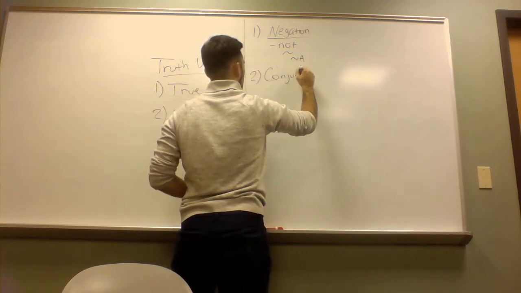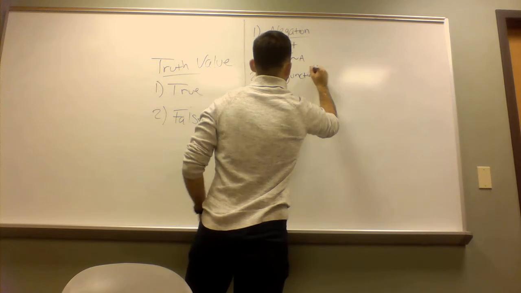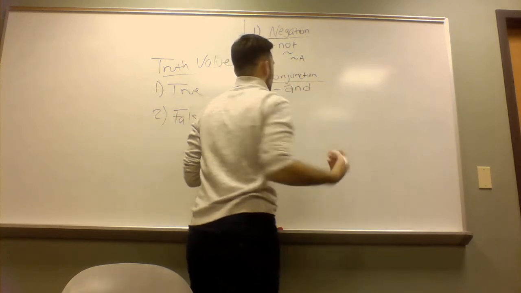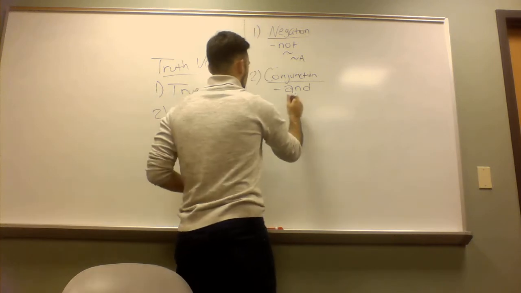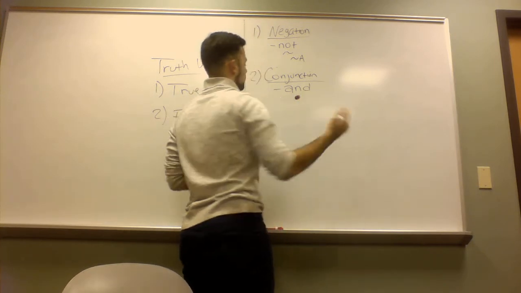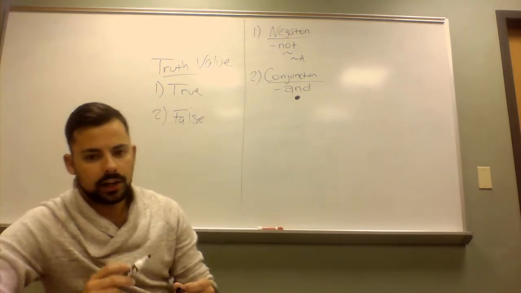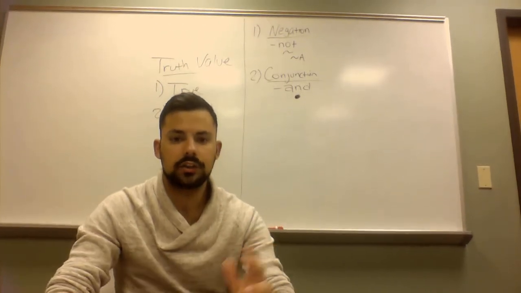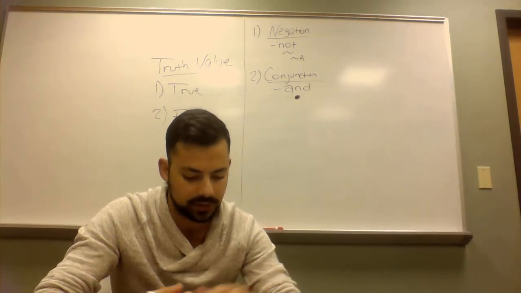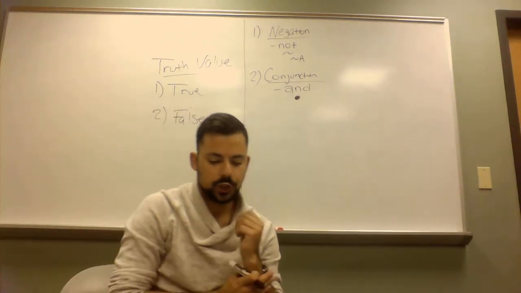The next one is conjunction. These will read as and statements, and they will be symbolized by the dot. Like I said, other texts may use an ampersand, but I like the dot.